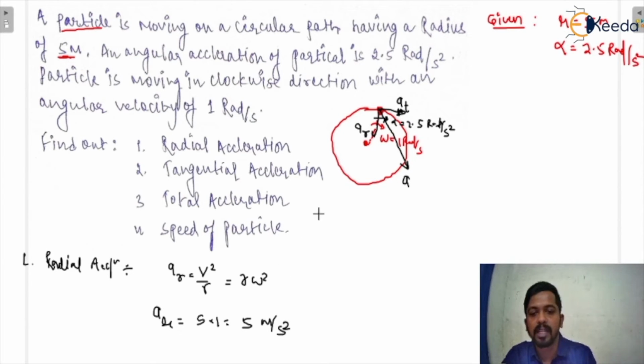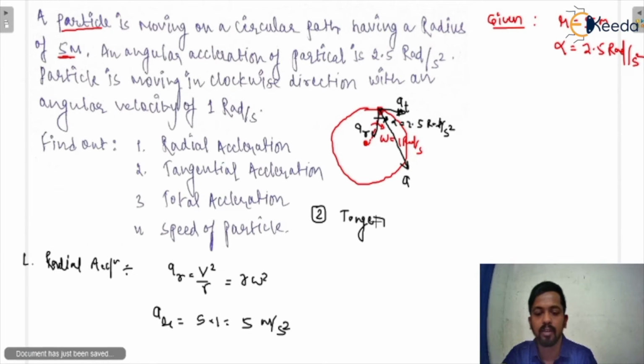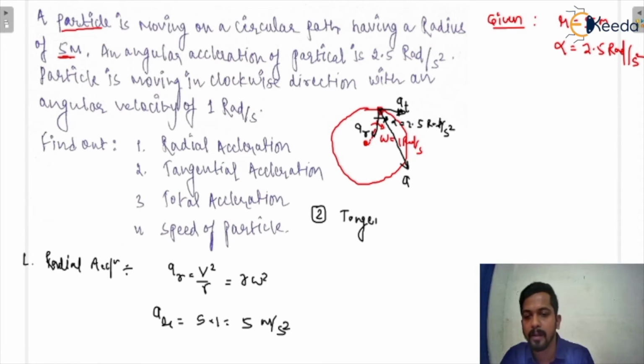And now we have to calculate the tangential acceleration. We all know the tangential acceleration formula: tangential acceleration, denoted by AT, is equal to R alpha.